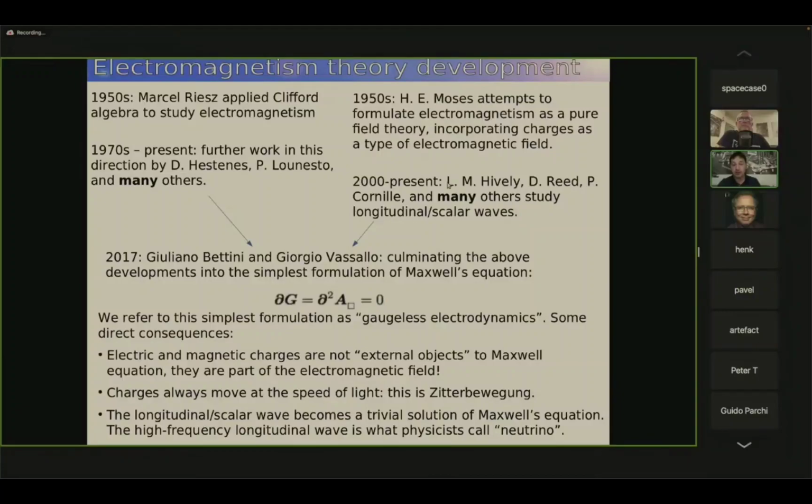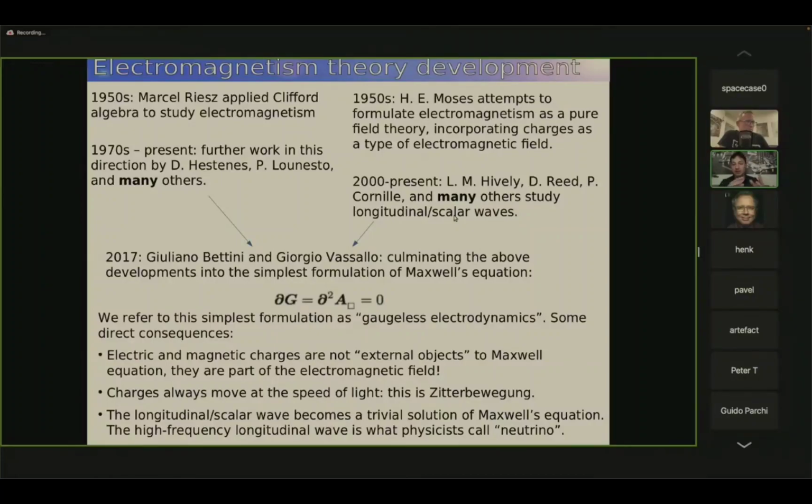But what did become quite popular starting from 2000 is to study longitudinal or scalar electromagnetic waves. And I think your audience is quite well aware of some of these names. And there is, again, a growing community that believes, on both theoretical and experimental grounds, that there are longitudinal and scalar electromagnetic waves. Now, to do this theory of scalar waves, one can do it in a complicated or a simple way.